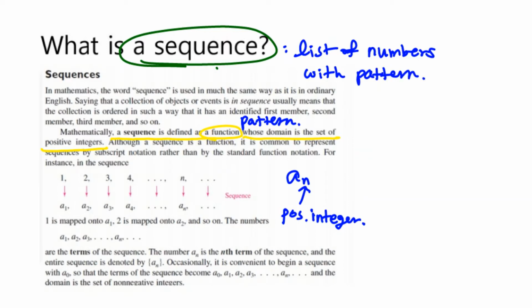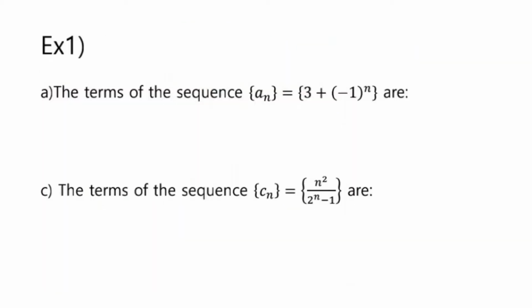Then each number is called a term. So we can say first term, second term, third term. Let's find the terms of the sequence a_n is 3 plus negative 1 to the nth power. We are going to plug in positive integers.